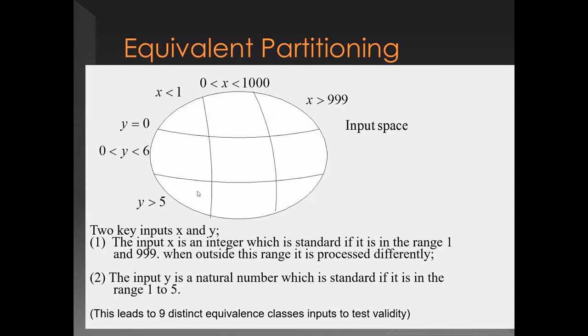So here in equivalent partitioning, say there are two variables. There are two key inputs x and y. Now x is between 0 and 1000, and y is between 0 and 6. Now if we are going to check them separately, there will be many test cases to be done.